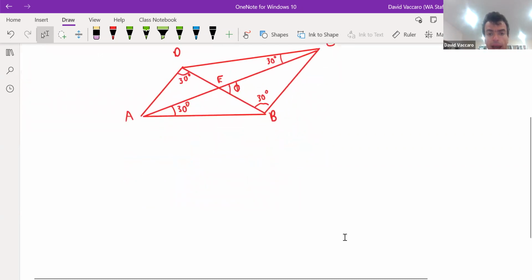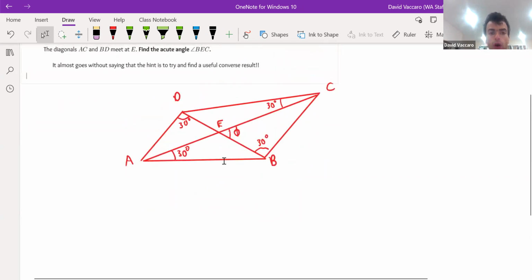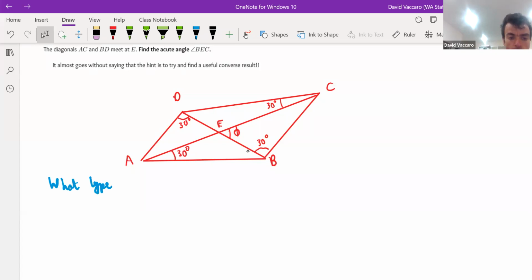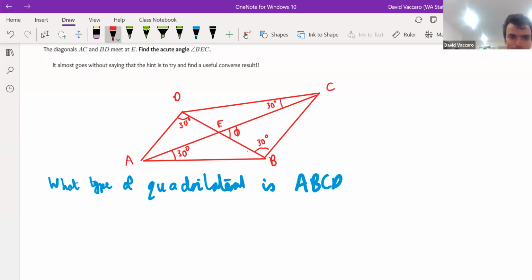So does anyone have a suggestion of what type of parallelogram, no, sorry, what type of quadrilateral is ABCD?